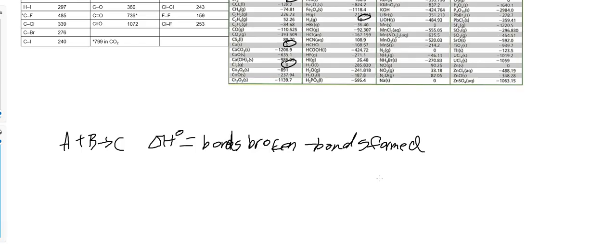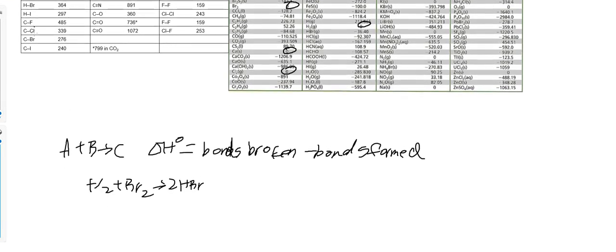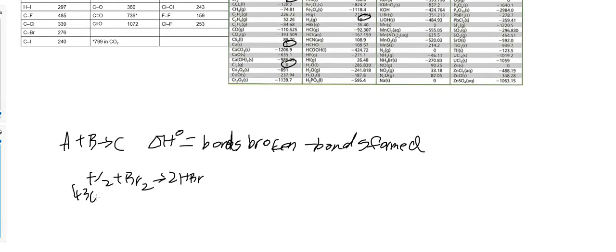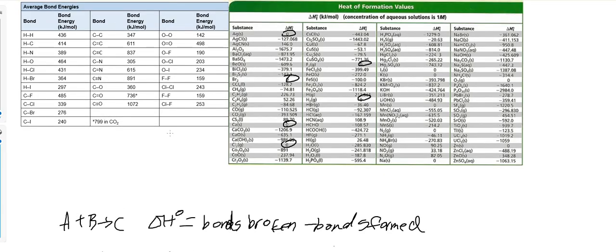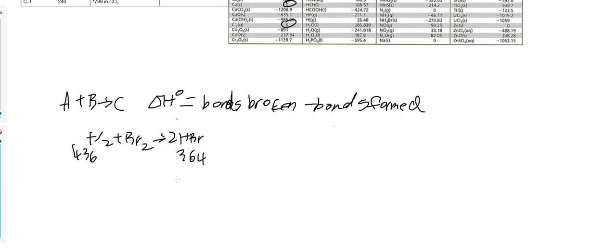This is a very rough estimate because it does not take into account states. If we use our example of H2 plus Br2 turns into 2HBr, H2 we can see is 436, HBr is 364, and Br2, I don't have it on the table, however, I have another source on the other screen that says it's 193 kilojoules per mole.